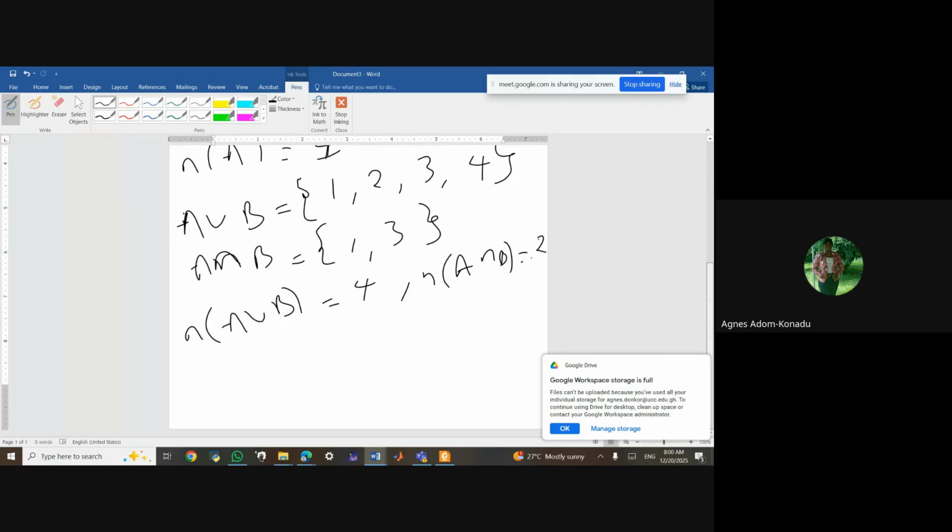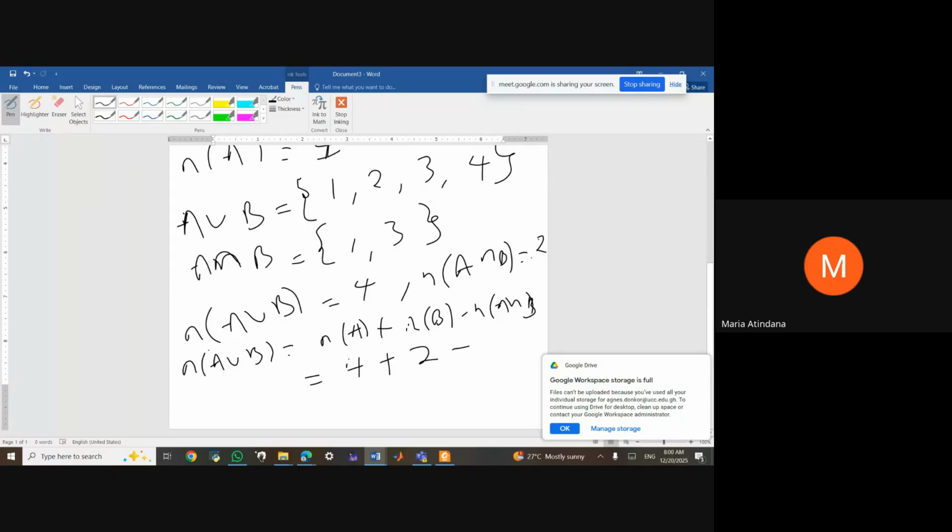So from that expression, it says that if A and B are finite sets, then the number of elements in A union B is equal to the number of elements in A plus the number of elements in B minus the number of elements in A intersection B. So let's solve the right-hand side and see. The number of elements in A is 4, in B is 2, and in their intersection is 2.